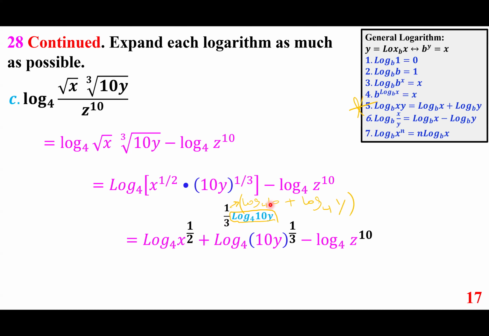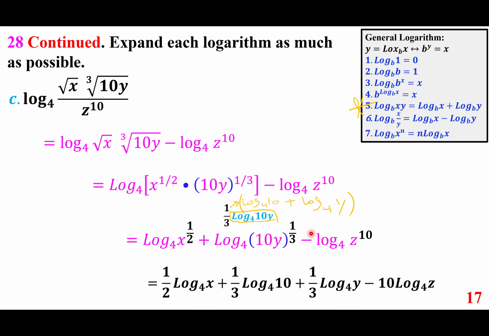This one, 1/3 log 10 base 4 plus 1/3 log y base 4 minus, with the 10 in front, log z base 4. And we are done. Now, again, with enough practice, you could actually go from here to here in one shot, but various properties are used here, and it's really not a big deal.